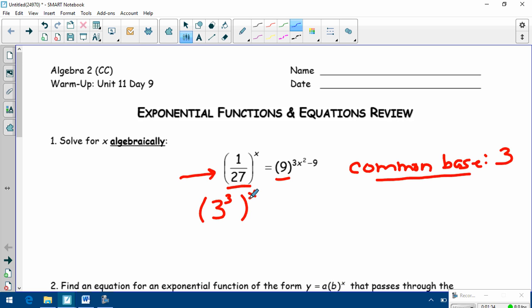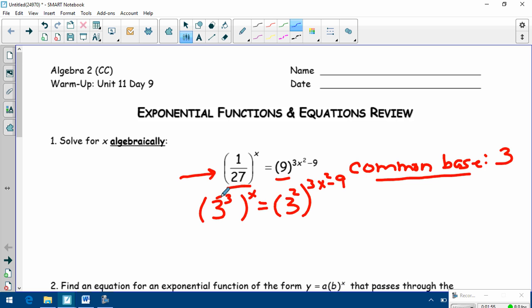Still raised to the x out there. Over here I have 9, which is really 3 squared. Still raised to the 3x squared minus 9. But since 1/27th is a fraction, it's not just 3 cubed, it's 3 to the negative 3, right?